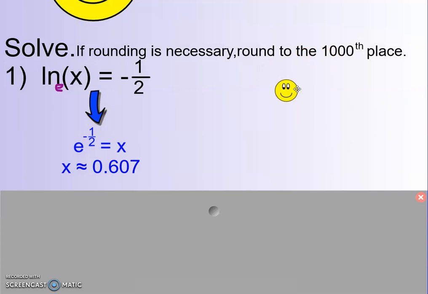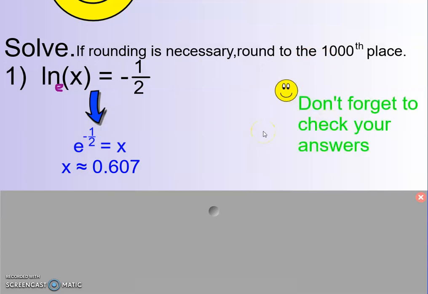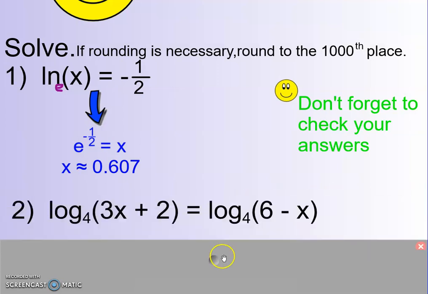Now, let me remind you, for all these problems, we have the possibility of getting false roots, where through no fault of our own we get a value that you cannot have. In this case, we want to make sure that the base is always positive, not 0, not 1, and that the number inside the logarithm is always strictly positive. And that's okay. This number checks out. It's fine.